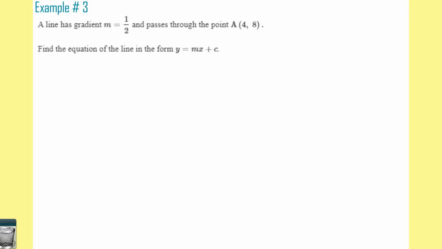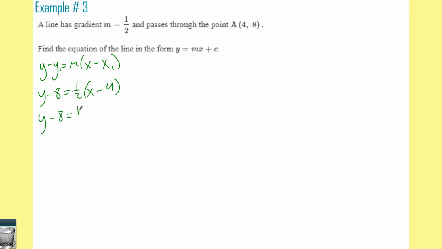All right, the next example, it says a gradient, so a slope of 1/2, and it passes through this point. So put it in slope-intercept form. I'm not going to start with slope-intercept form. I noticed we have a slope and a point, so I would rather plug it into point-slope form. So point-slope form is this. So here, we're going to get y minus 8 equals 1/2 times x minus 4.